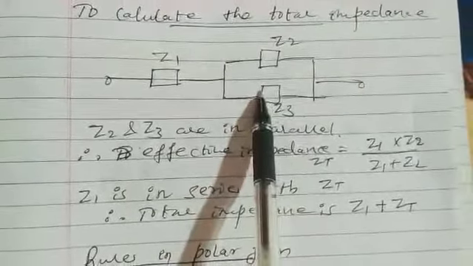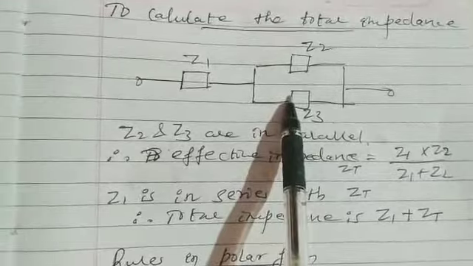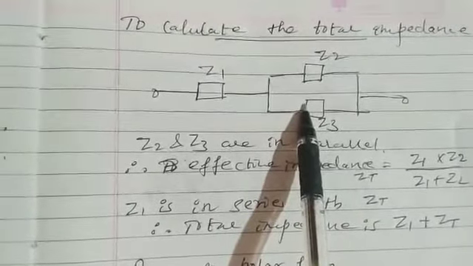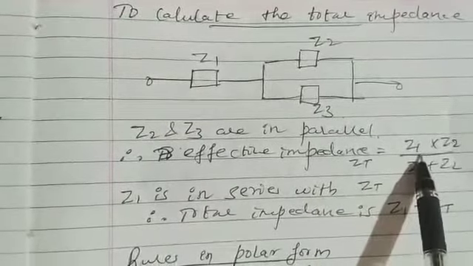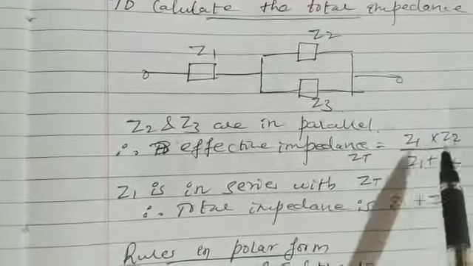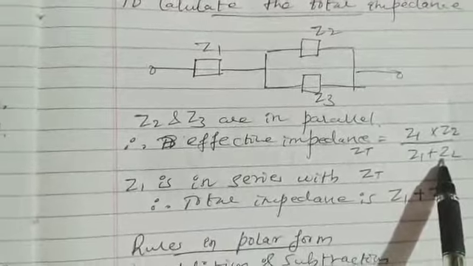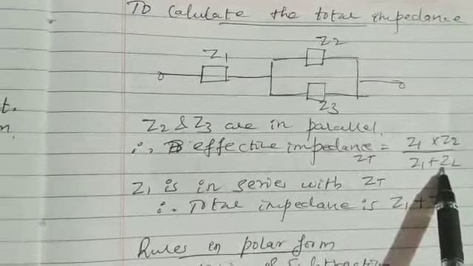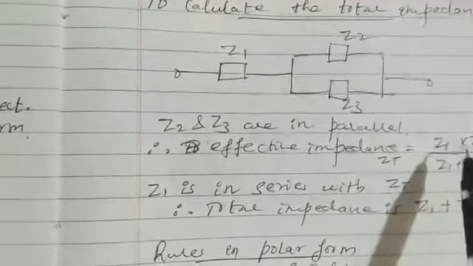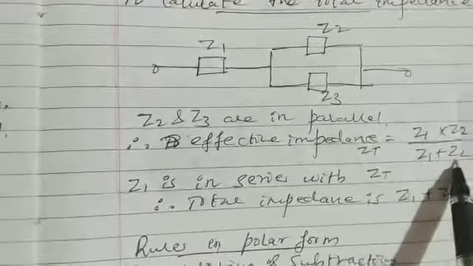So how to find the effective impedance? It is very similar to resistances connected in series or parallel. The same rule is used. The effective impedance is calculated as Z2 into Z3 divided by Z2 plus Z3. We have discussed in DC circuits already, when two resistances are connected in parallel, R1 R2 divided by R1 plus R2. Similar way, Z2 Z3 divided by Z2 plus Z3.